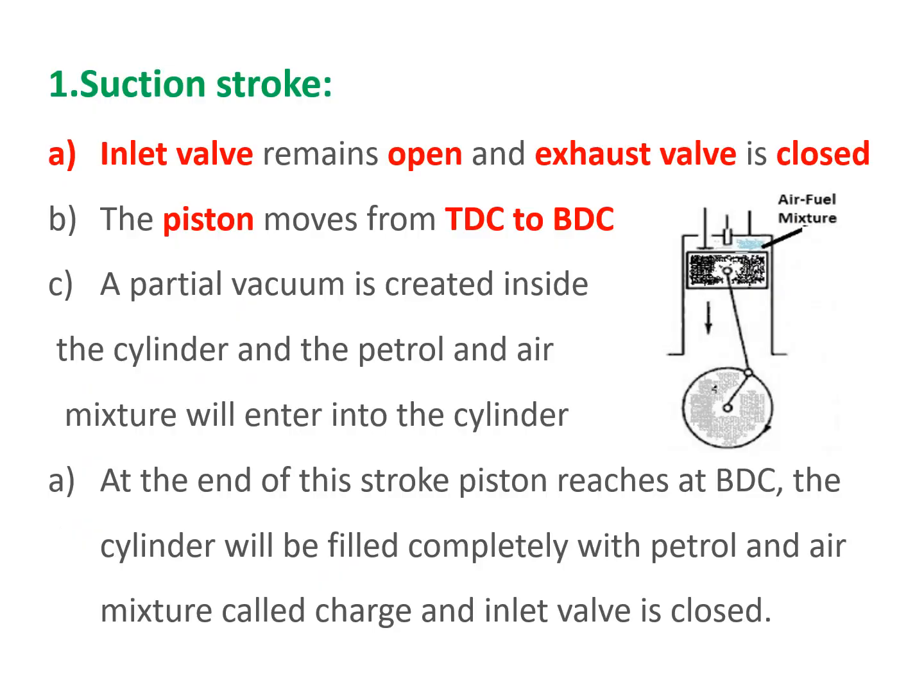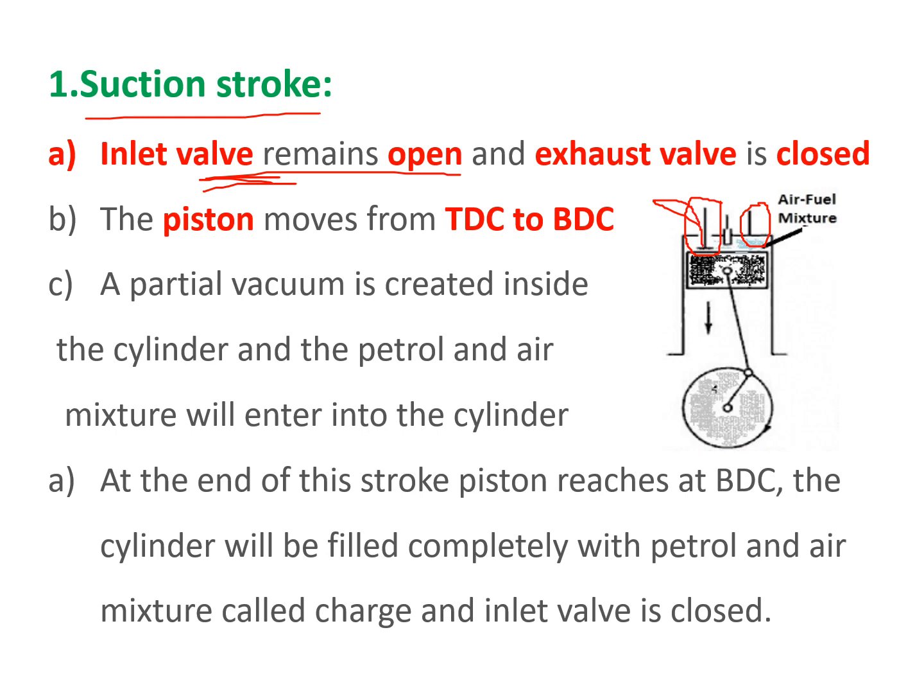Now see, the suction stroke. Suction means the suction of the fuel, or the fresh charge, inside the cylinder. I already told you, in this particular stroke the inlet valve remains open. You see, this is the inlet valve and this is the exhaust valve. So in the suction stroke, the inlet valve is open, we have the passage of fuel, the fresh charge will enter from here, but the exhaust valve is closed.